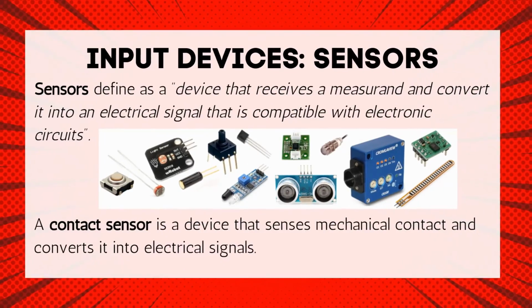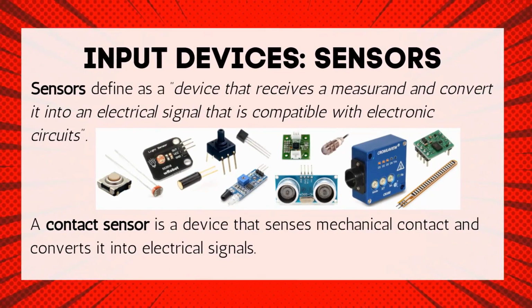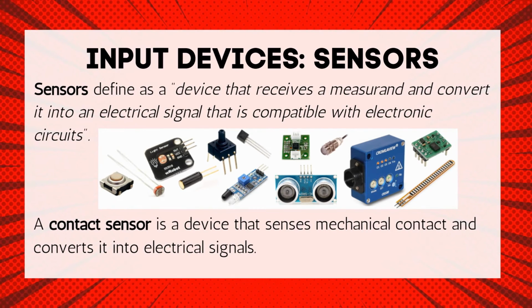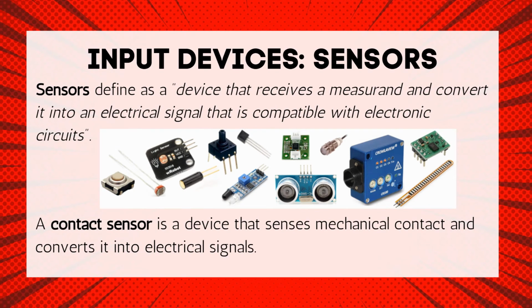Input devices or sensors. Sensors are defined as devices that receive a measurand and convert it to an electrical signal that is compatible with an electronic circuit. In other words, a sensor's job is to translate a non-electrical signal into an electrical output that can easily be read and understood.